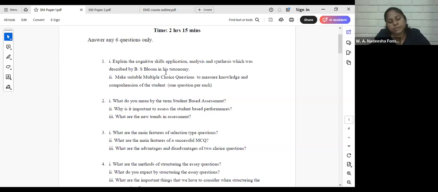It means we can take the length and width of the tile and the length and width of the room. Then you can calculate how many tiles you should buy to cover the whole floor, like that. That is an example.